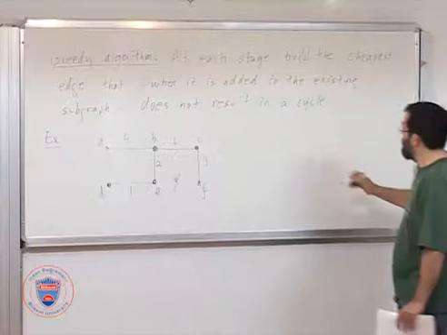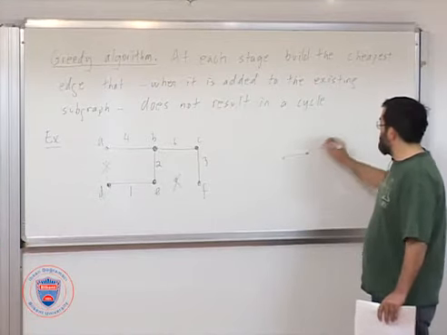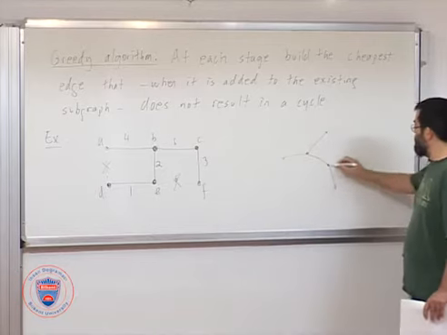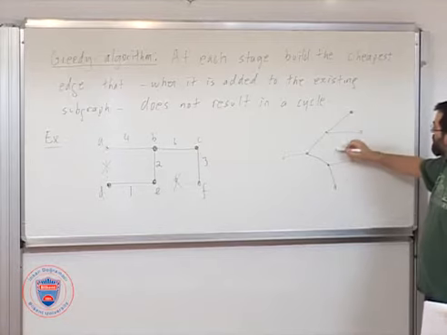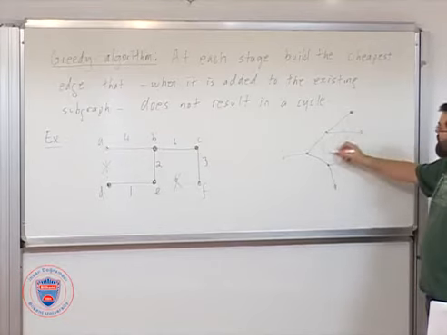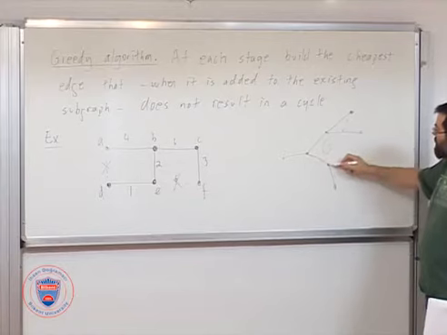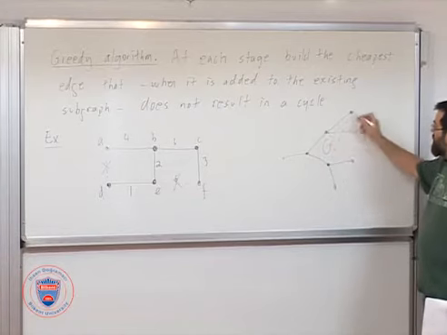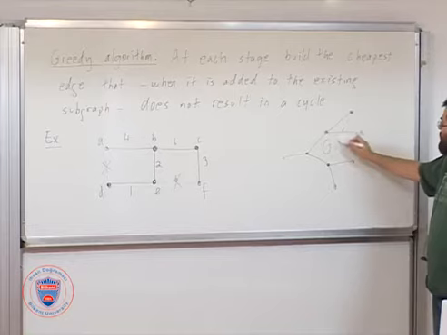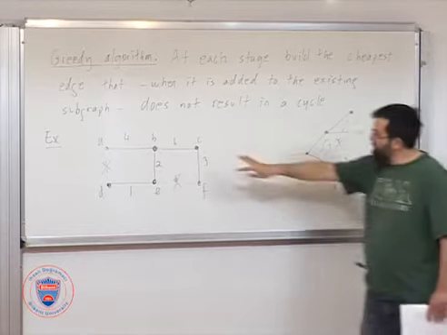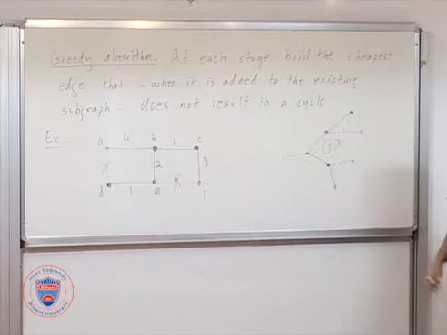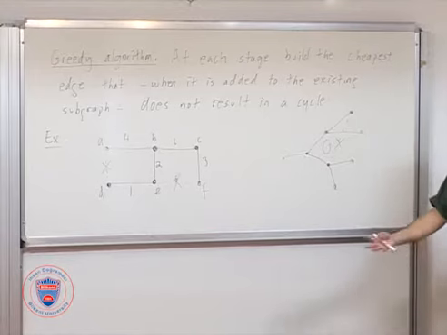Okay, so if you have a tree, for example, where all the vertices are covered, anytime you add a new edge to a tree, it should create a cycle because they're already connected through some other edges. So on a tree, you cannot add any new edges. So once you get this tree, which has all the vertices, that's where you should stop, because after that, any edge you add will create a cycle.